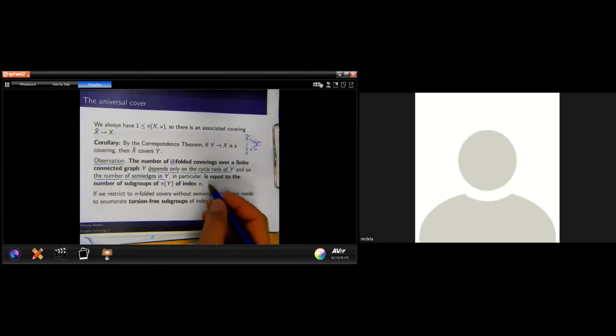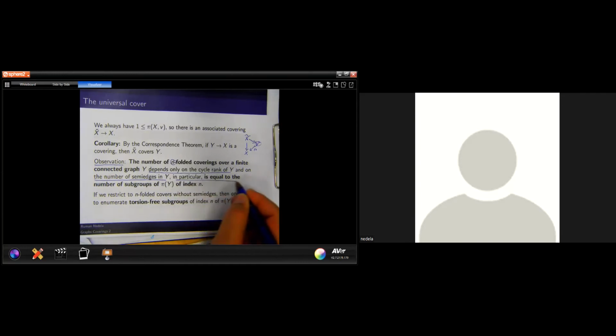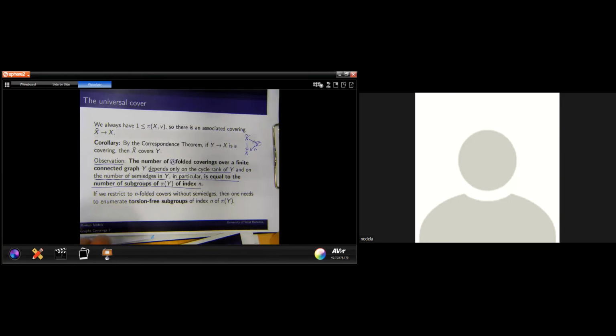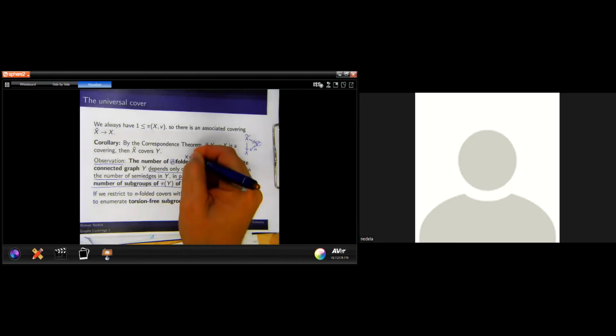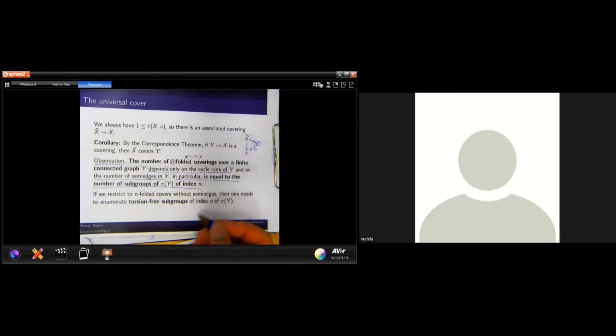So what does it mean? It means that the number of coverings is the same as the number of subgroups in the fundamental group of the base graph. Here we are assuming X covers Y of index n. So if we are able to count the number of subgroups of index n, this is the same as counting the number of all covers over Y.